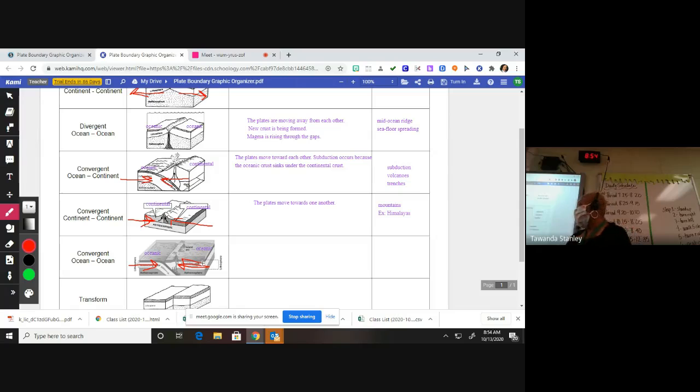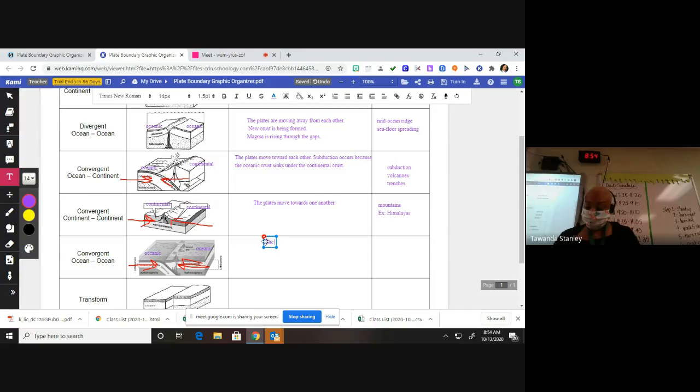That's not real pretty at all, but they're coming towards each other. And then we're going to type again, the plates move toward one another.